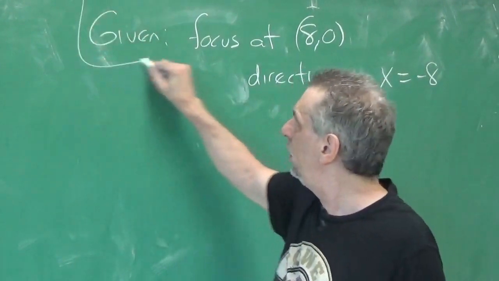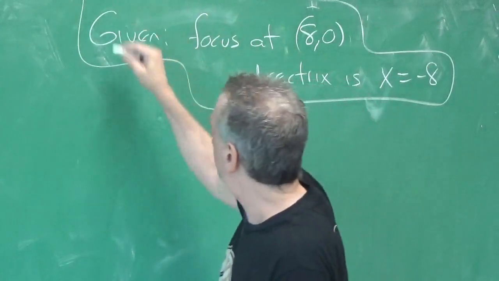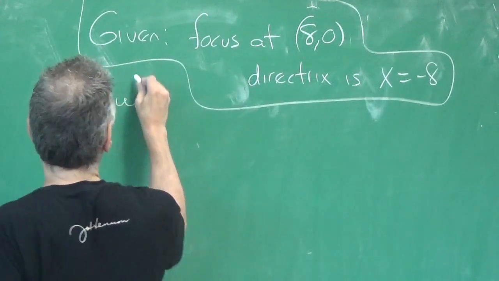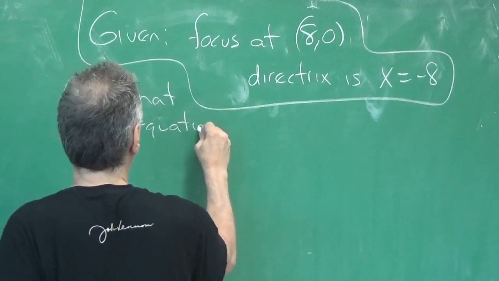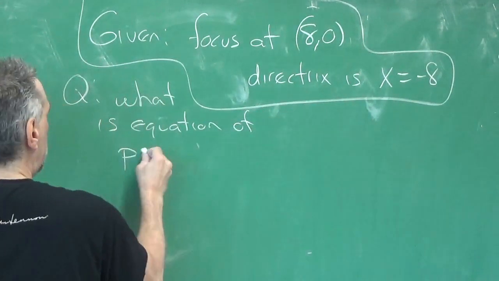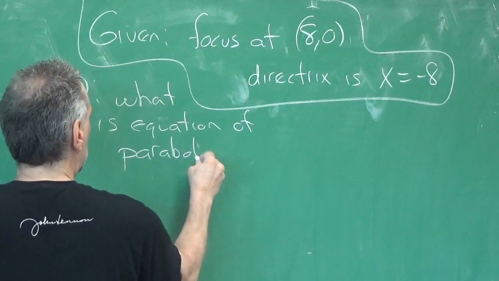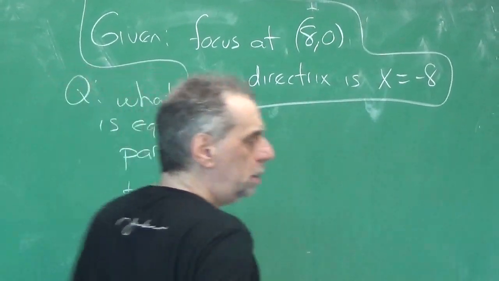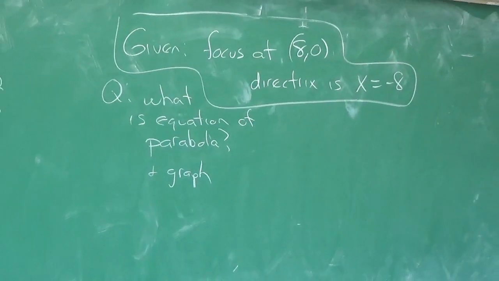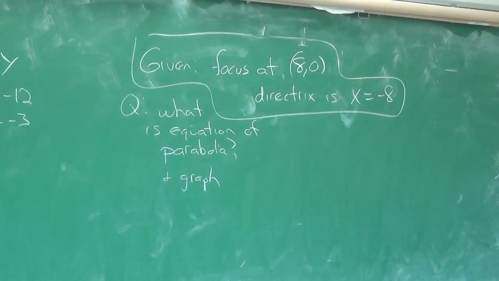So we're given this information and we're asked, what is the equation of the parabola? And graph it. It's always probably a good idea to look at the picture. All right, so let's look at that.